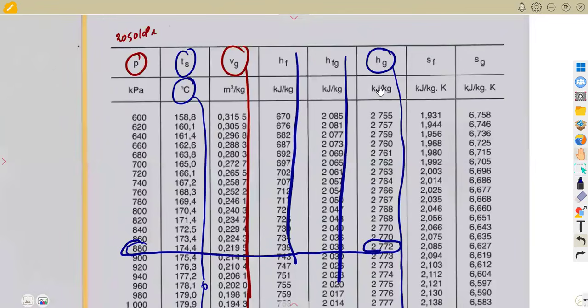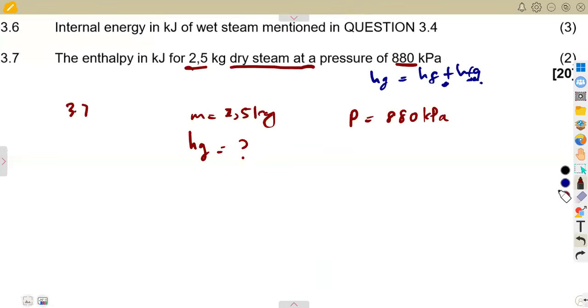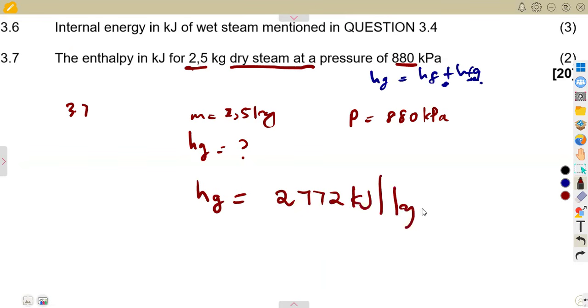So that is 2,772 kilojoules per kilogram. The most important part that I want you to learn there is the units. It's kilojoules per kilogram. All right, no problem. So here we are going to have our answer as Hg. In actual sense, our Hg was supposed to be 2,772 kilojoules per kilogram. But we are given a mass.